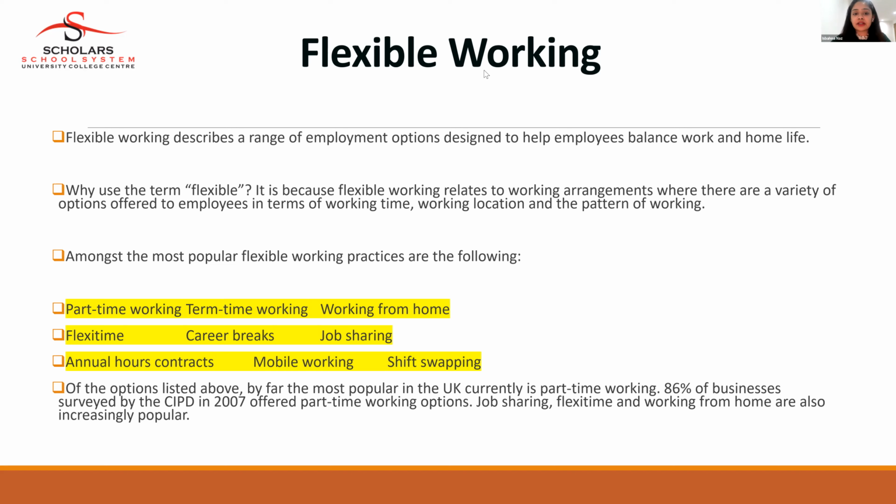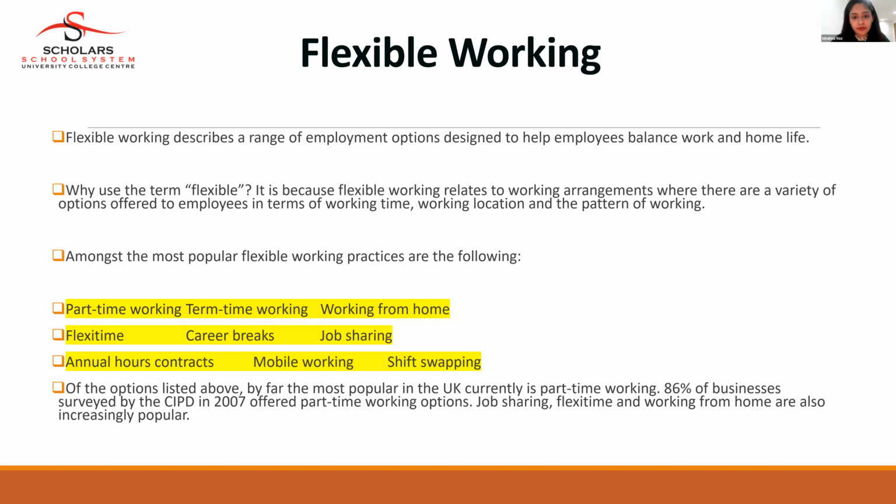Among the most popular flexible working practices are the following: part-time working, term time working, working from home, flexi time. Sometimes people take career breaks. Sometimes there's job sharing, where two people are hired for the same kind of job.